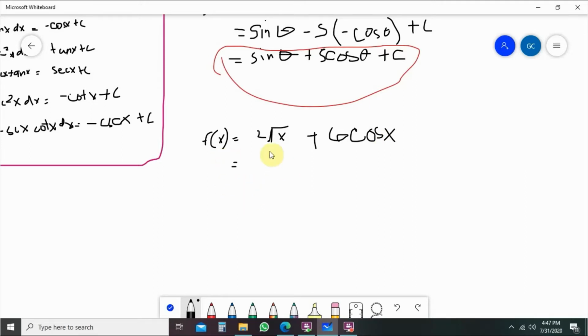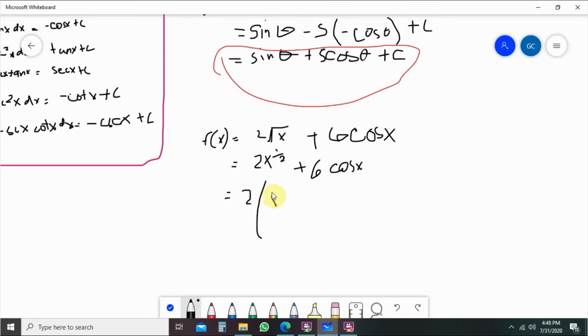We can rewrite this equation into 2x raised to 1/2 plus 6 cosine x. And now we can start integrating. We have 2, 1/2 plus 1. That means their common denominator would be 2, so we need to add 2 at the top.